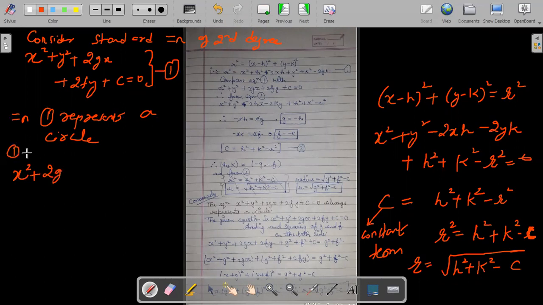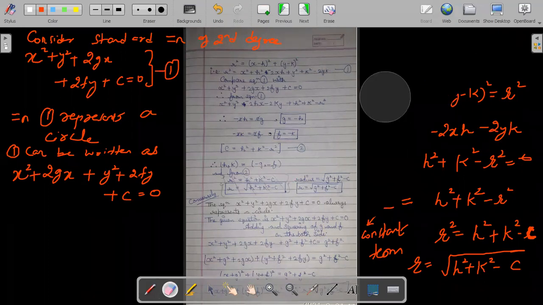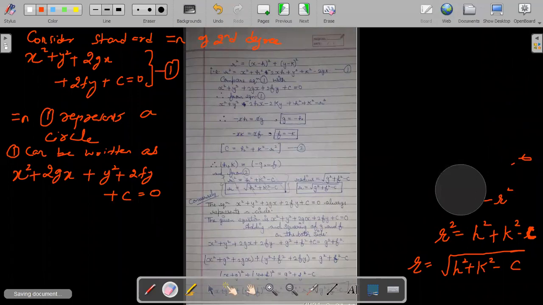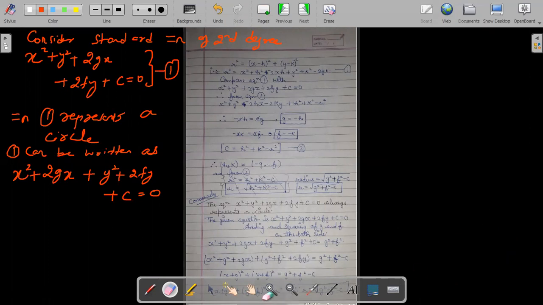So 1 can be written as x square plus 2gx plus y square plus 2fy plus c is equal to 0. Is it fine? Now what will we do? We will do completing the square on both sides, right. Just for your reminder, how do we do completing the square?